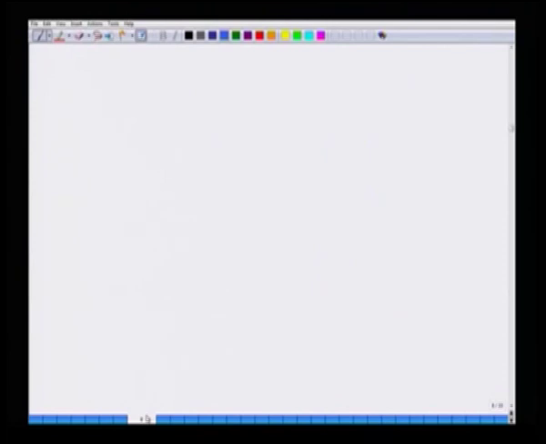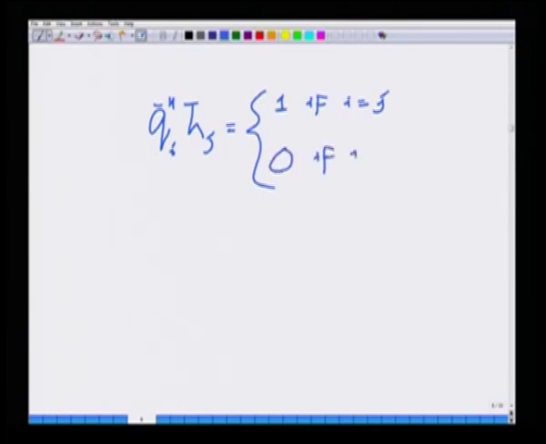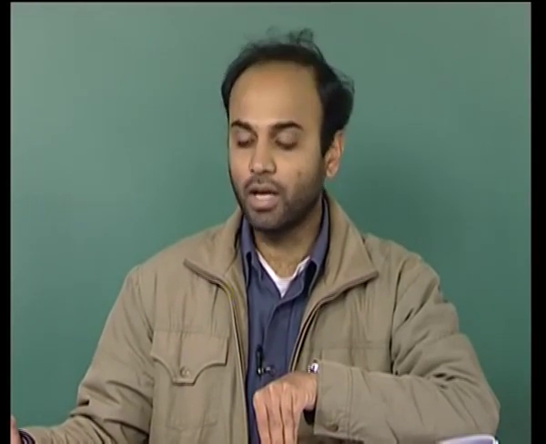Hence we can summarize this as: let us consider the product Qi Hermitian Hj. This is equal to 1 if i equals j, and this is equal to 0 if i is not equal to j. That is, the rows of Q are such that Qi Hermitian Hj equals 1 if i equals j, that is Qi Hermitian Hi equals 1, but Qi Hermitian Hj equals 0 if i is not equal to j.